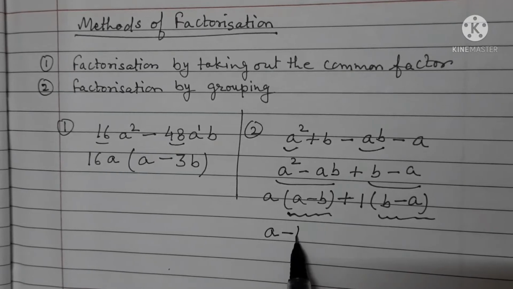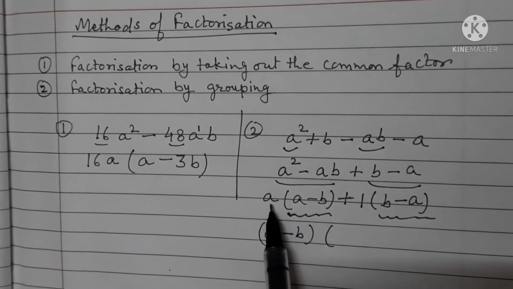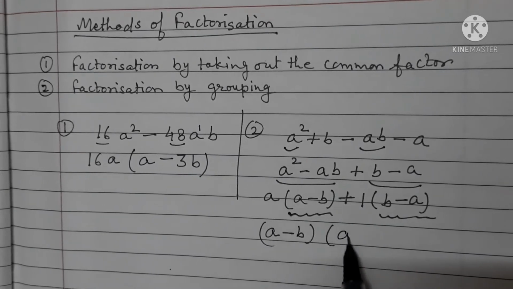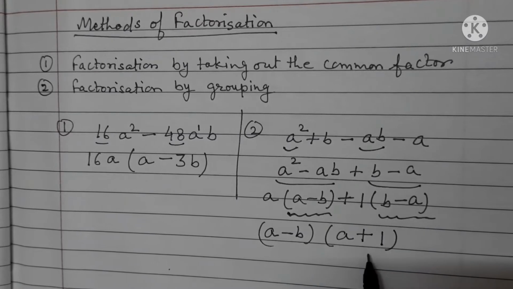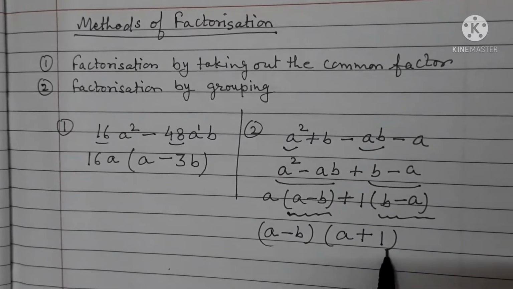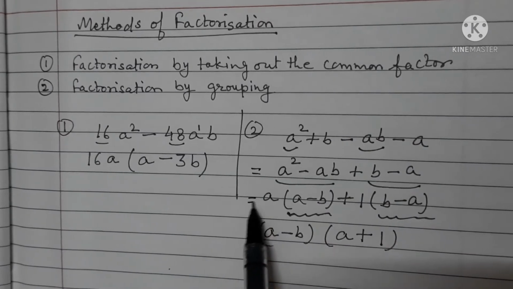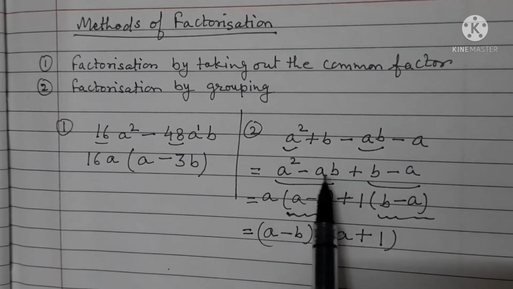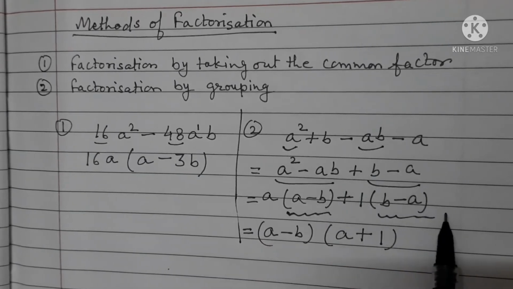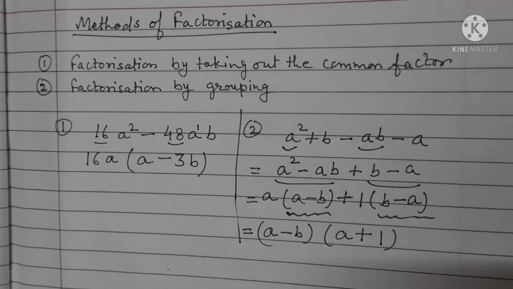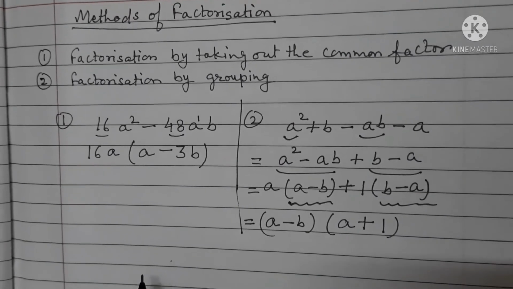So a minus b, and the remaining part: here in this term a, and put the sign plus, and here 1. So these are two factors of this polynomial. So this is the method of factorization by grouping. These two methods we will use in exercise 3A.